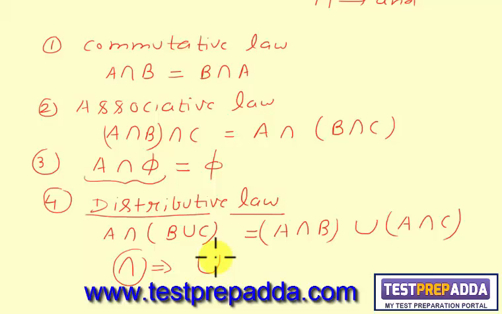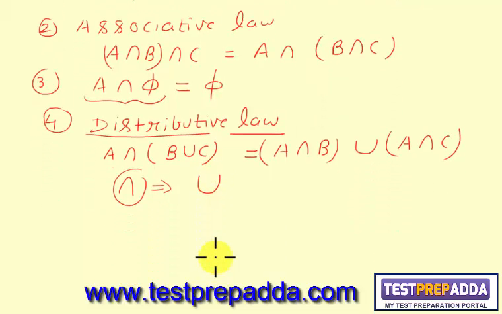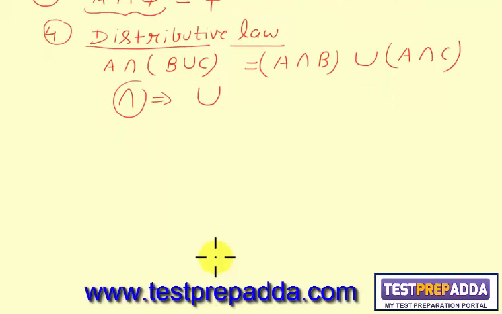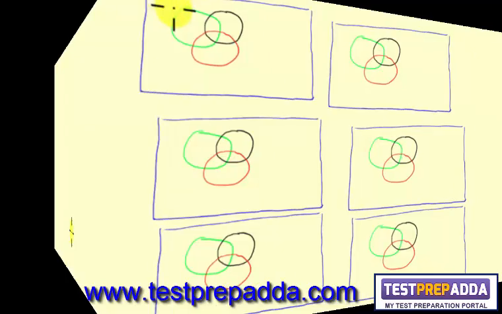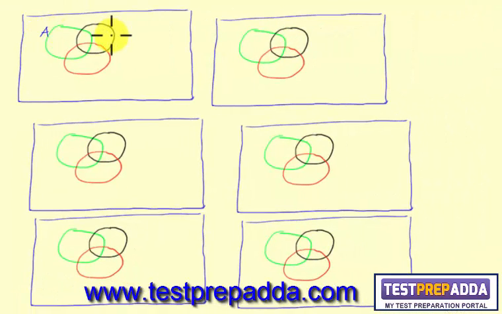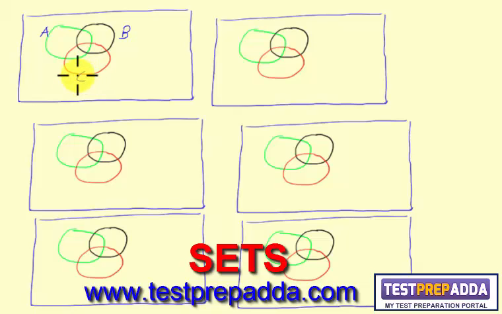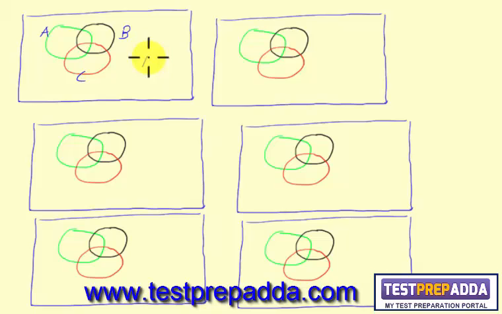Now, if I draw Venn diagrams, different Venn diagrams. Consider this as A, B, C. So if I write A intersection B, then this is the portion.